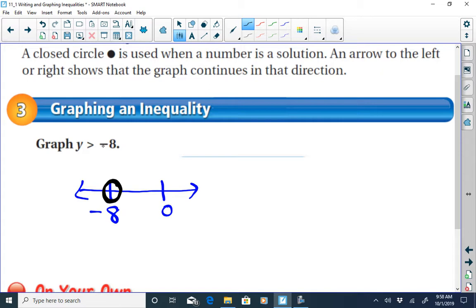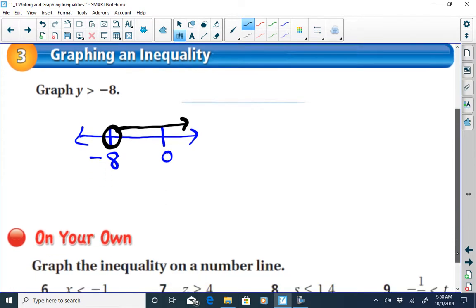I'm looking for the values that are greater than negative 8, so that means my arrow will go to the right of negative 8 onto the number line. When the inequalities are written with the variable first, the direction of the inequality symbol will be the same as the direction of the solutions, or the arrow that shows the direction of the solutions.